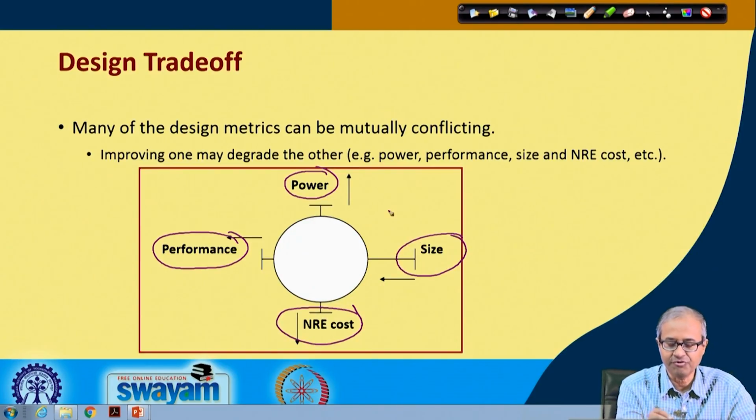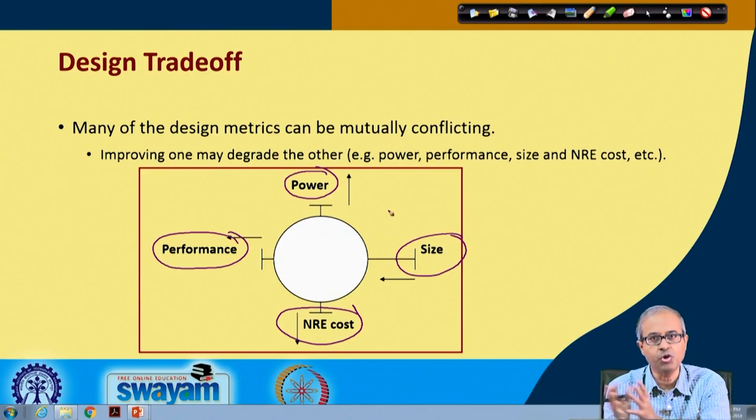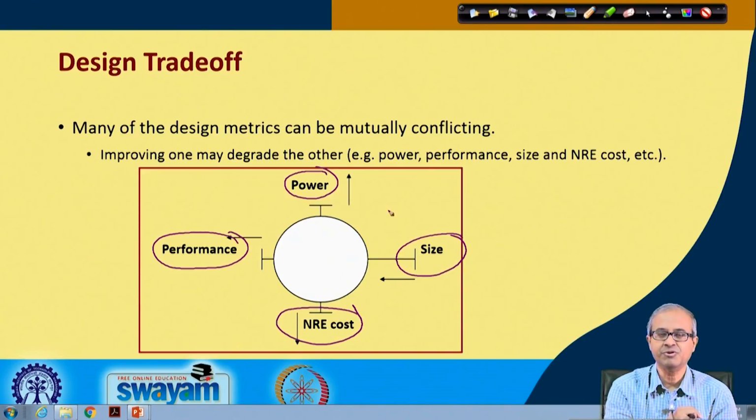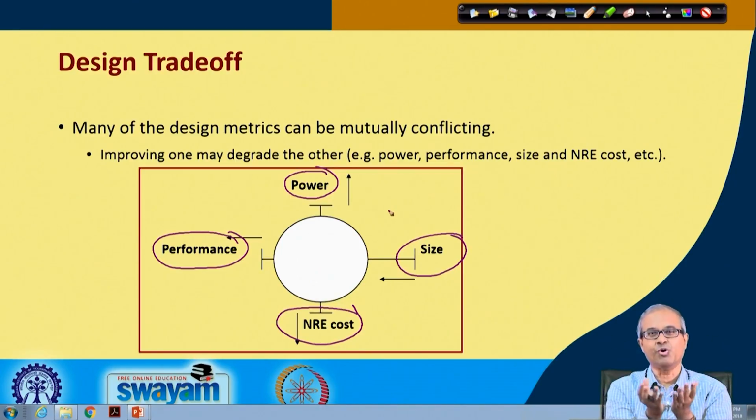Now, these 4 can be mutually conflicting. If you pull one, the others will be pulled in the reverse direction. Means if you want to improve one, maybe the others might get degraded. So, you will have to take a holistic view. This is the task of the designer. You cannot improve everything at once.